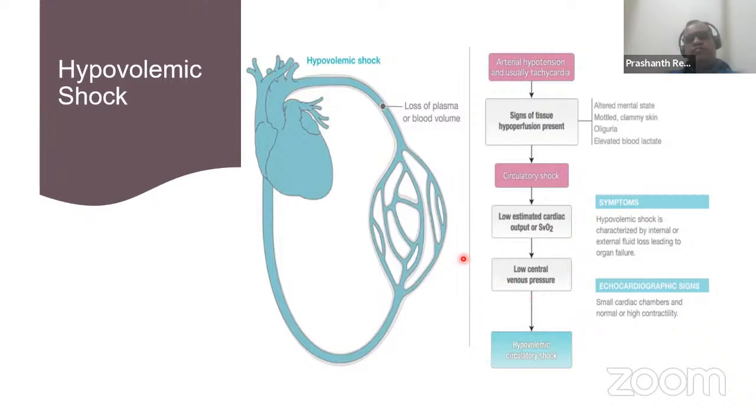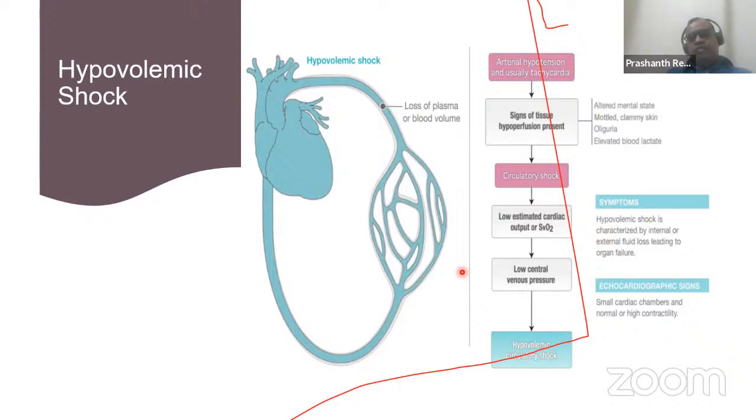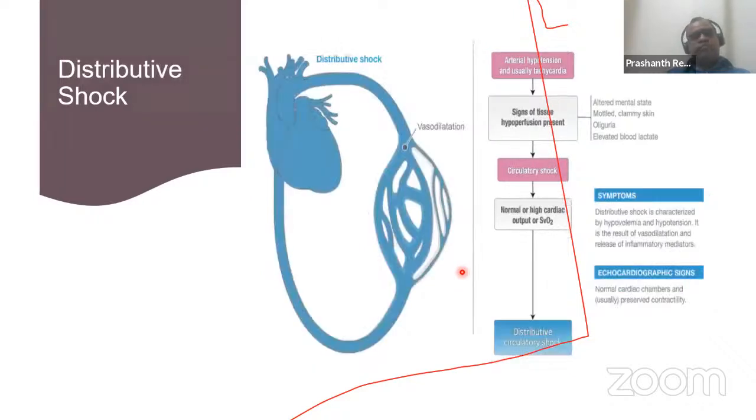This is managed by fluid resuscitation initially. Only after adequate fluid resuscitation, start a vasopressor. Norepinephrine is preferable to avoid volume overload, but volume has to be adequately replaced first. Otherwise, it can be detrimental.